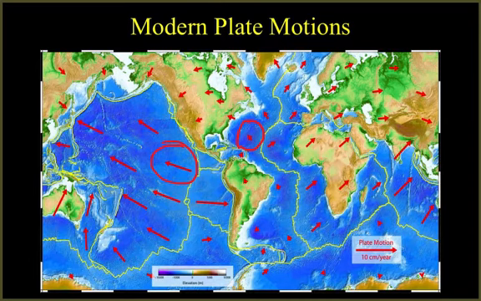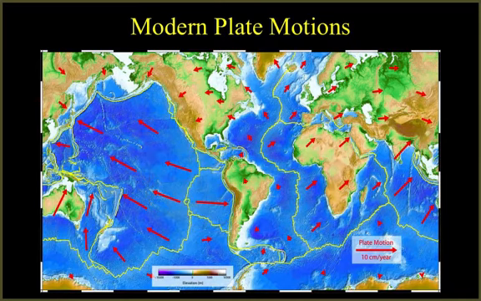So those plate motions are driving volcanism, particularly in places where plates are spreading apart, as here, where these two plates are diverging from one another and creating a spreading center at the point where they're diverging. We also get volcanism where plates are converging.